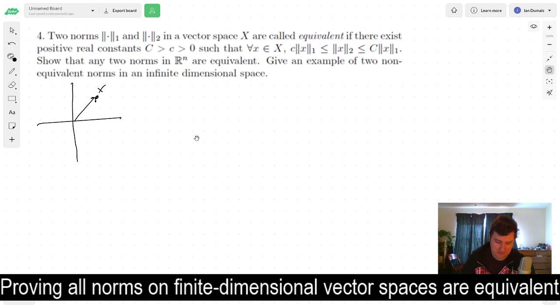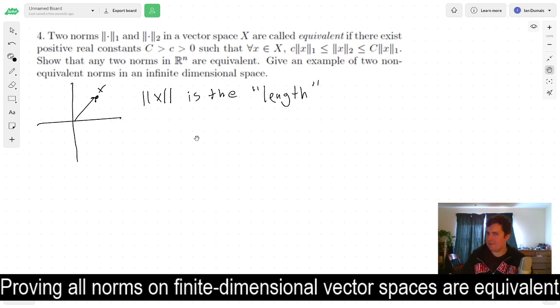X, I did it. All right, so this is vector x. Then the norm of x is just some idea of length. And I'm going to put length in quotation marks because there are different ways we could consider length.